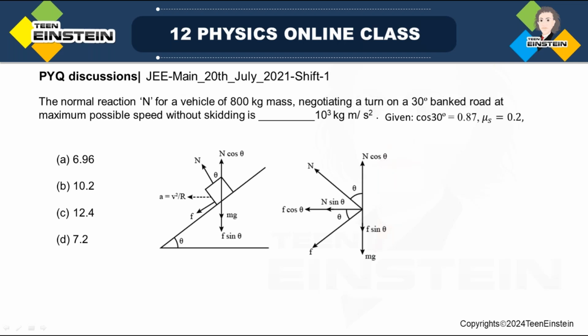This problem says the normal reaction for a vehicle of 800 kg mass negotiating a turn on a 30-degree banked road at maximum possible speed without skidding is.